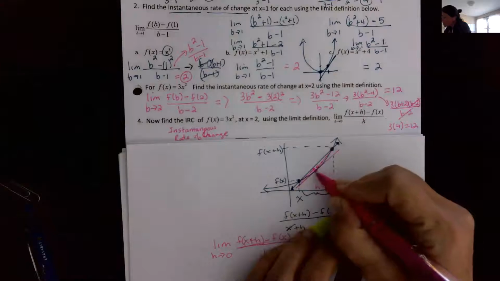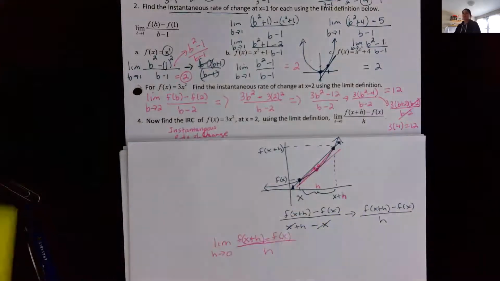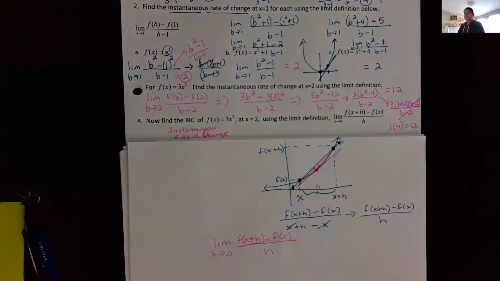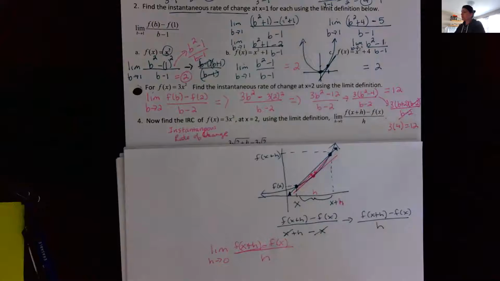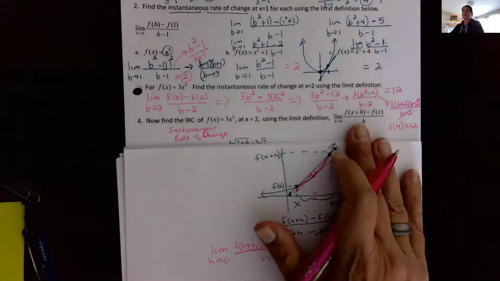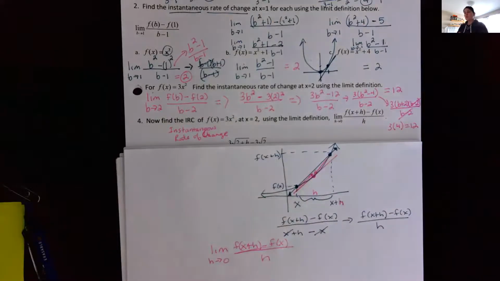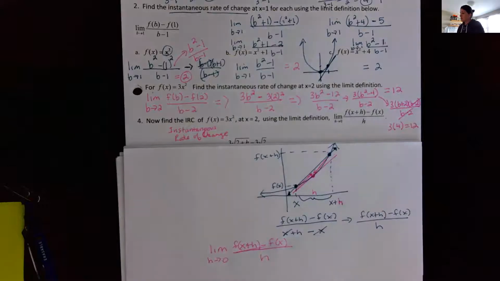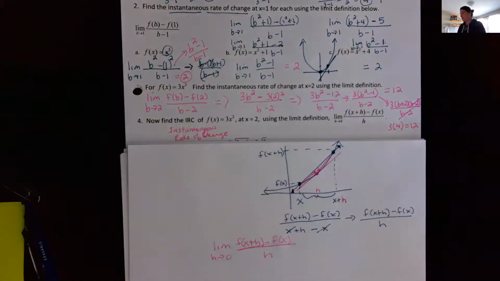Because remember, your distance is nothing. It's forcing the instantaneous rate of change. So you're still using a slope formula, but you are so close together, you're calculating its instantaneous rate of change and not an average rate of change.